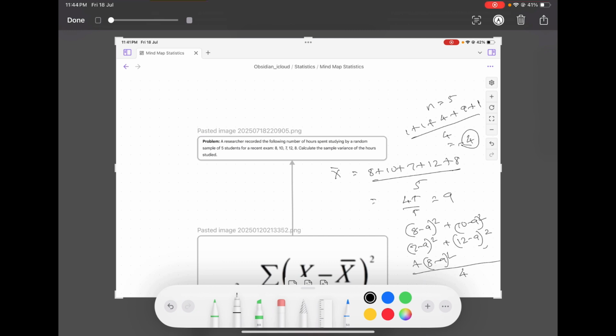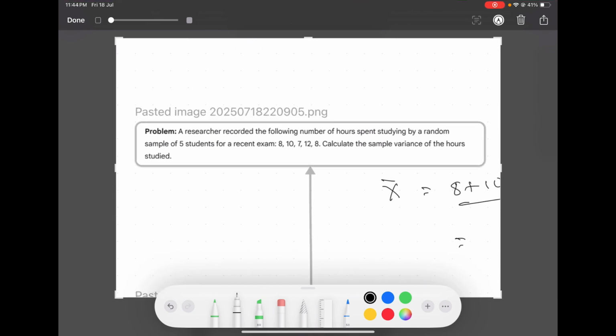In this question, a researcher recorded the number of hours, and we have taken a sample of 5 students. Sometimes the actual number of students can be thousands, 10,000, even millions. But it is not possible to measure the studying hours of all these students. So we will take a sample.